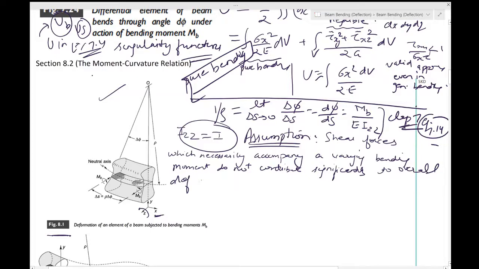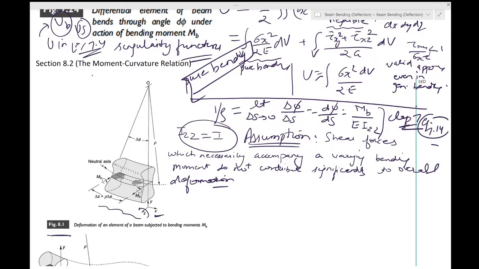The language and the words are very clear. Overall deformation means not this localized deflection, but the overall deflection of the beam, if for a straight beam, bending is happening. So this is the assumption which we take in this course, with the objective of finding the overall deflection.